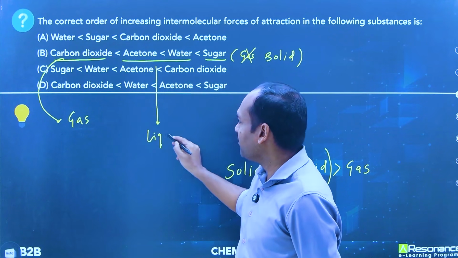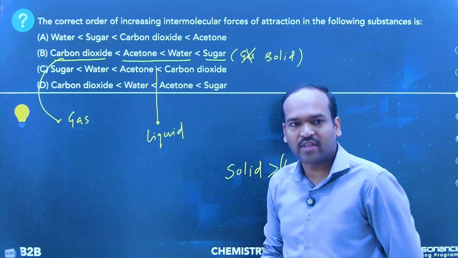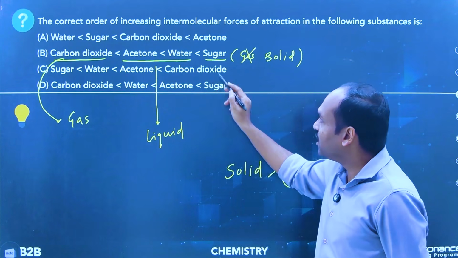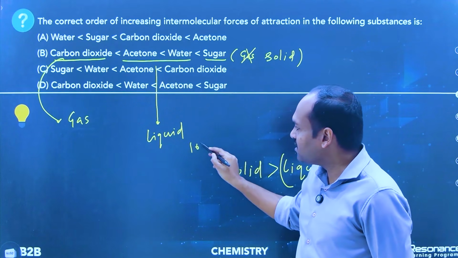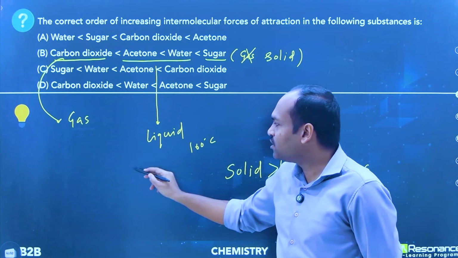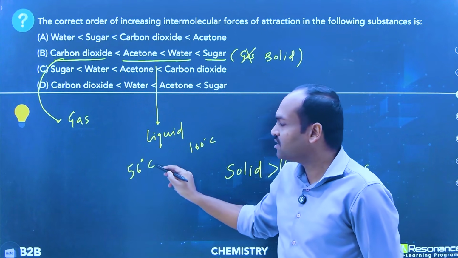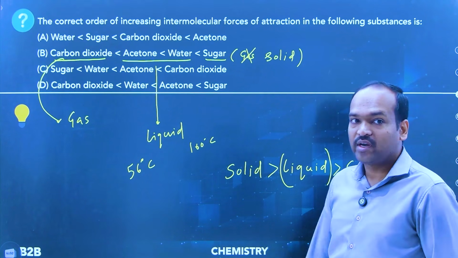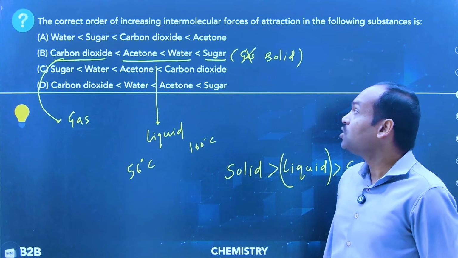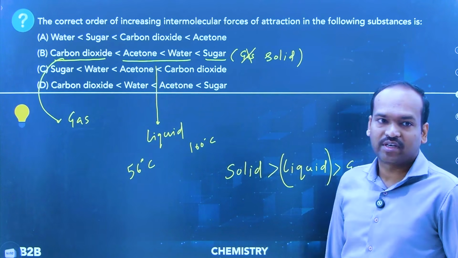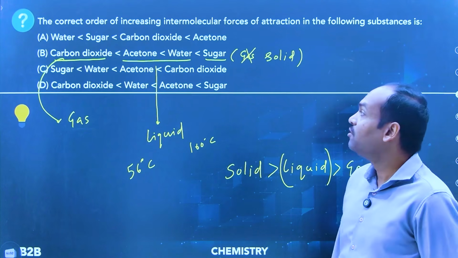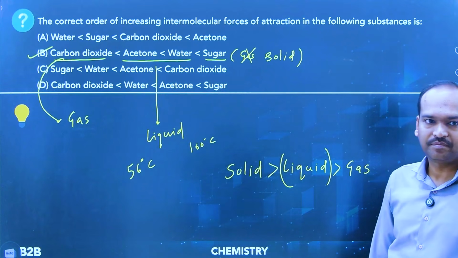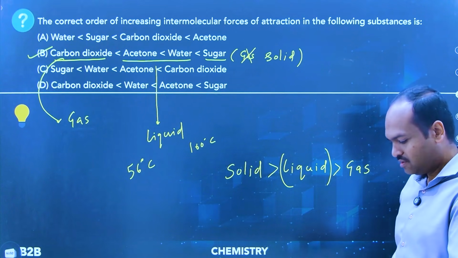Water boiling point is 100 degrees Celsius, and acetone boiling point is 56 degrees Celsius. Which is more volatile? Less boiling point means more volatile liquid. So if more volatile liquid, then less force of attraction is there. We'll go for B option. Is it clear? Next.